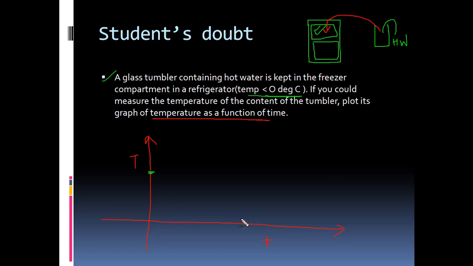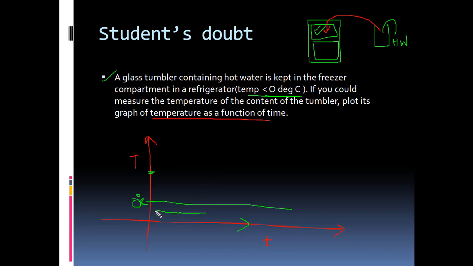Now as the time increases, the temperature of the hot water will decrease. Now suppose at this point this is 0 degree centigrade. This line is the 0 degree centigrade line. Now as it is given that the freezer compartment temperature is less than 0 degree, suppose we consider this point.